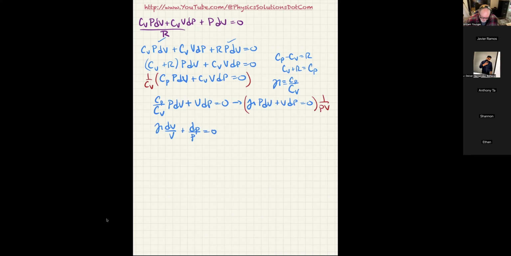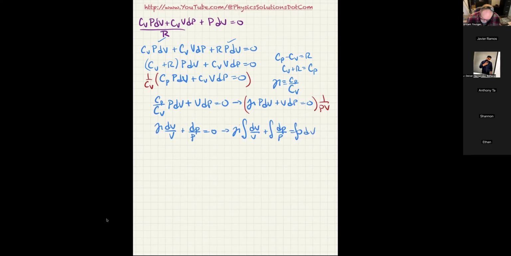Now, if I wish to integrate this, then I could do gamma, pulling that out in front, integral dV over V plus integral dP over P is equal to the integral of 0.